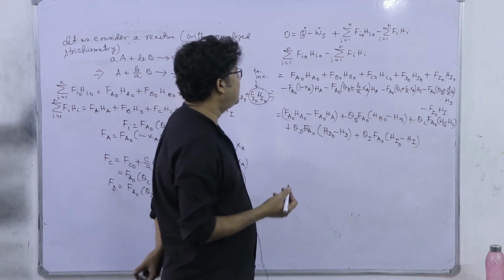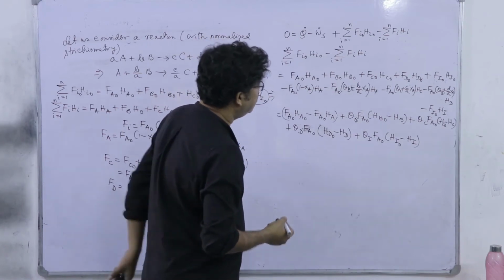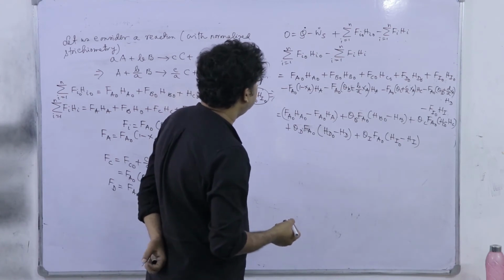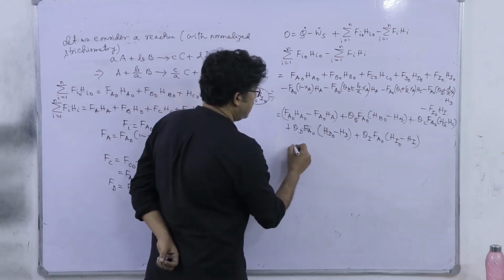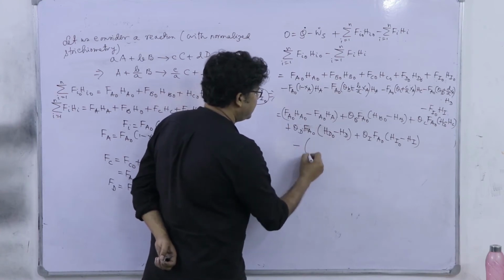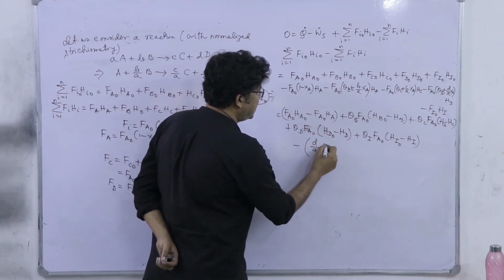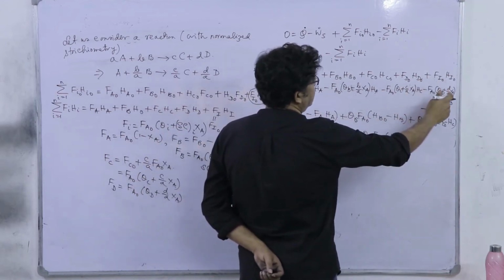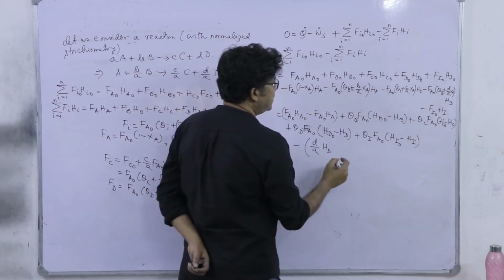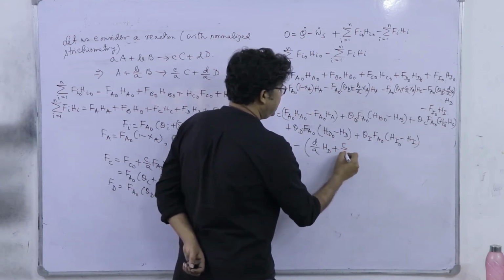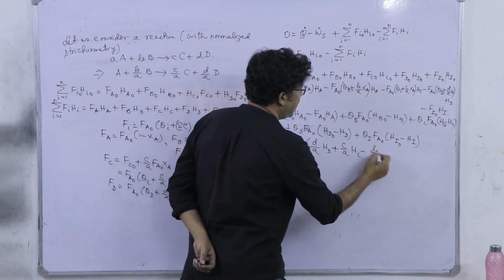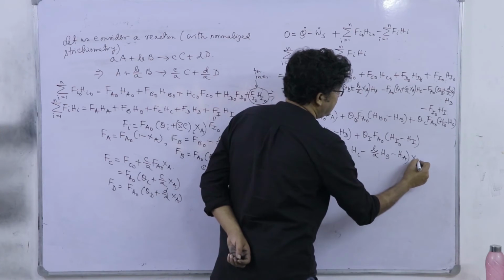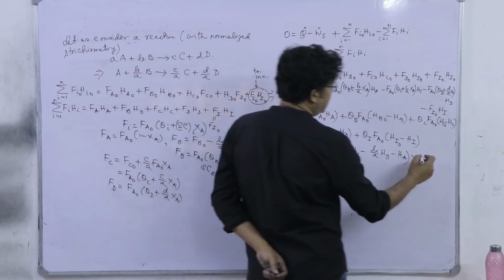And the remaining terms, if I group them, it will be minus, if I take common Fa naught Xa: d by a Hd plus c by a Hc minus b by a Hb minus Ha, multiplied by Xa into Fa naught.